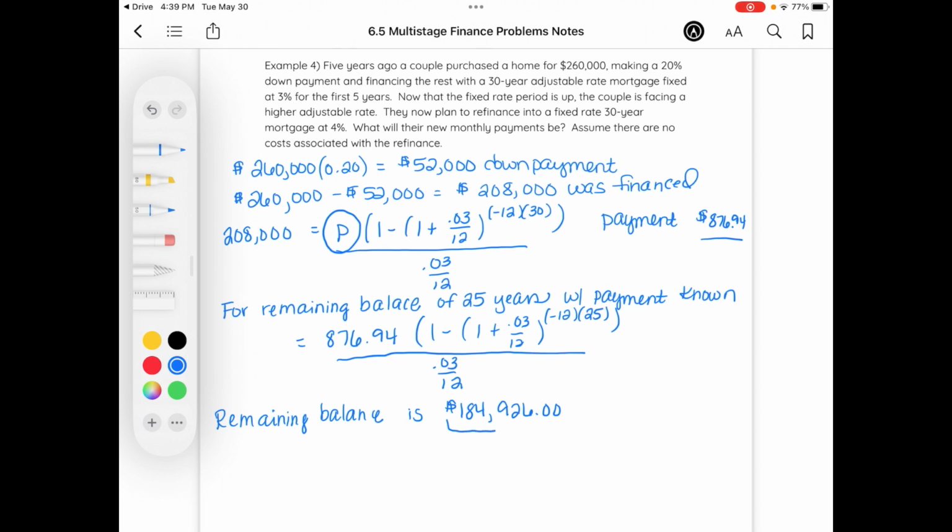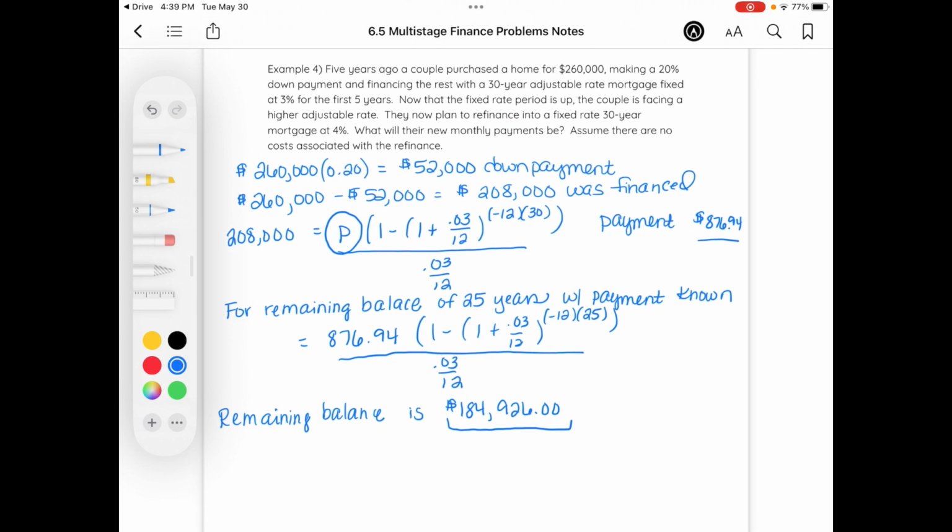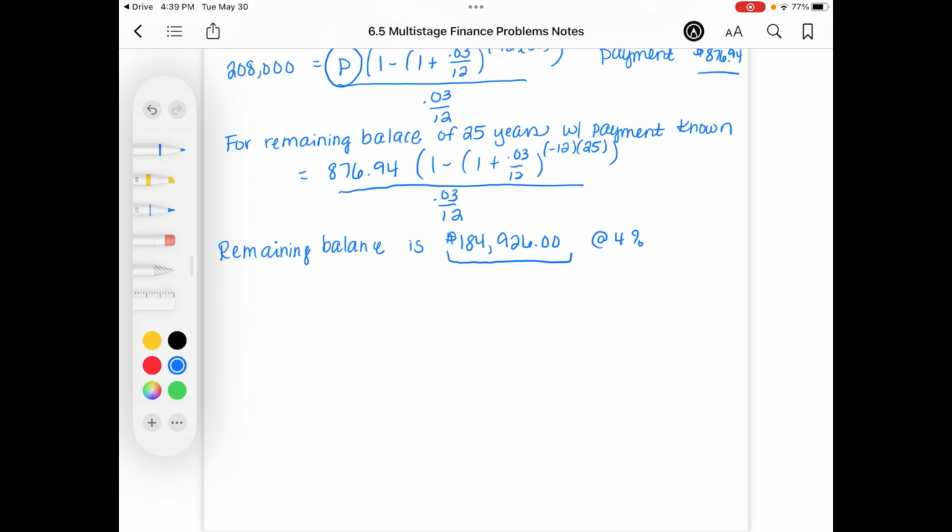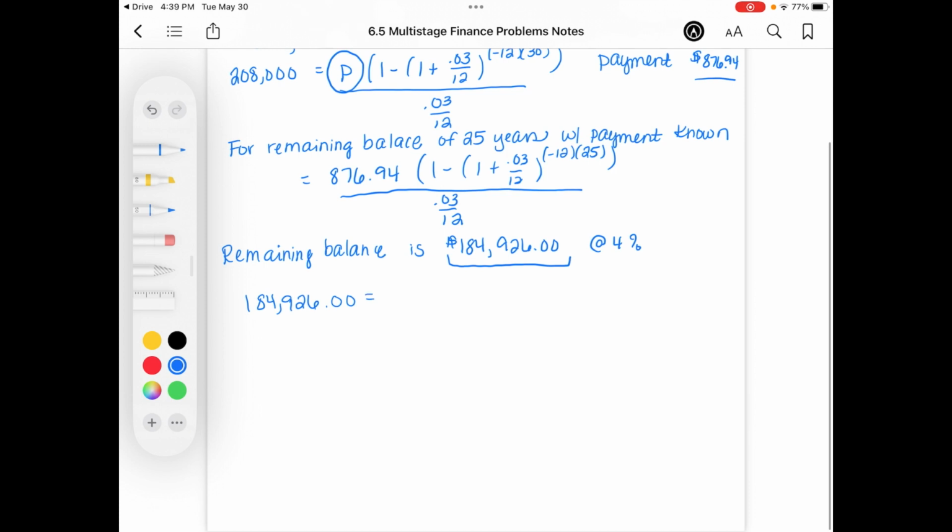This is the amount that we have to refinance at the new interest rate of 4% so we can find the new payment. So using the same formula above with my new remaining balance, $184,926 is equal to our new payment amount with our new interest of 4% divided by 12.